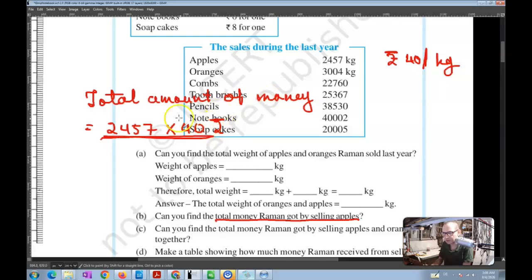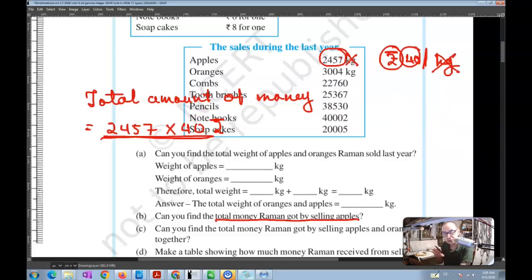For example, here you have to take this number, 2,457, ignore the unit kilogram over here, multiply the number by this number over here, again ignore this unit, and then take this unit and use it for this calculation, right? And so it's possible that you might make mistakes in this calculation.